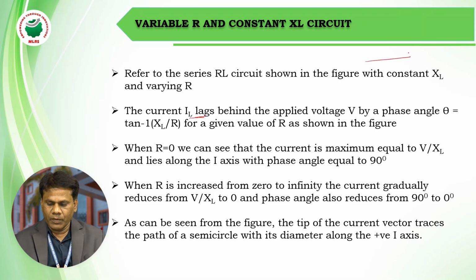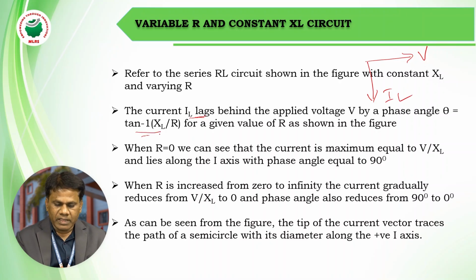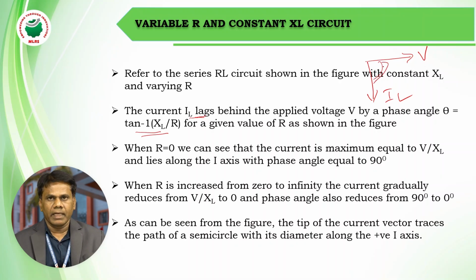If V is taken as the reference, the current is lagging with respect to the voltage. How much the current phasor lags is given by the phase angle, which equals tan inverse of inductive reactance by resistance, for a given value of variable resistance R.